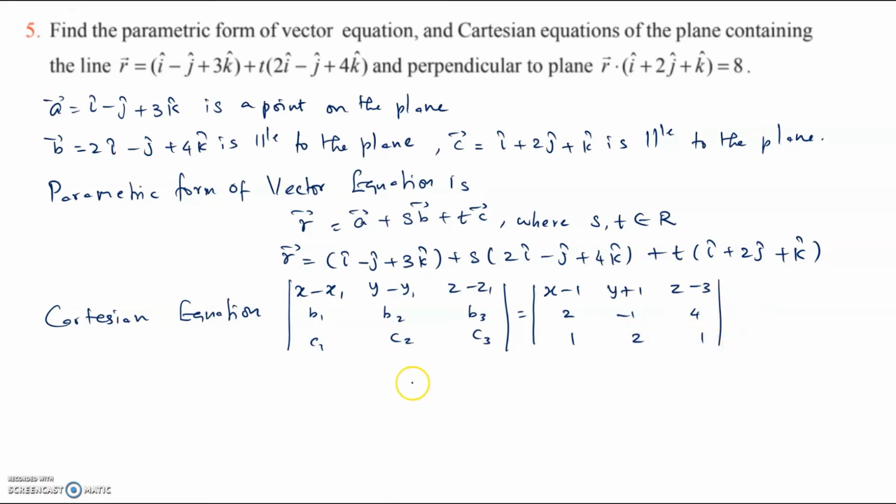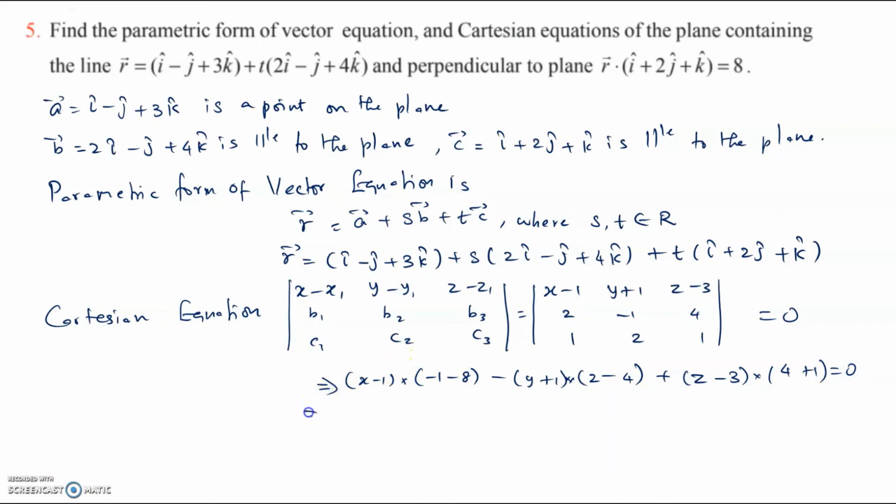So further simplifying this, you get x minus 1 multiplied by minus 1 minus 8, minus y plus 1 into 2 minus 4, and plus z minus 3 into 4 plus 1, and this is equal to 0. That's our Cartesian equation.